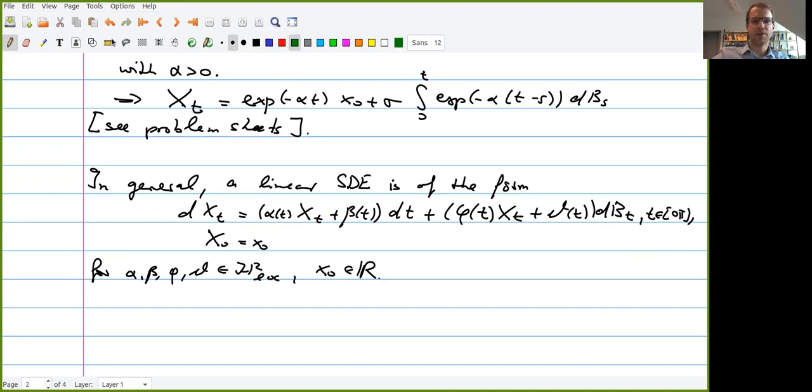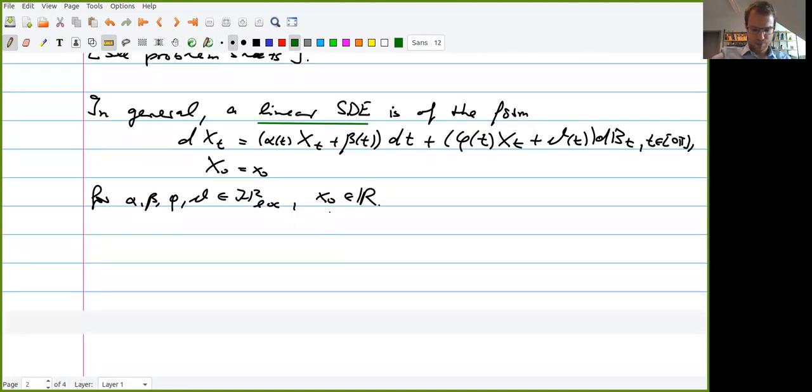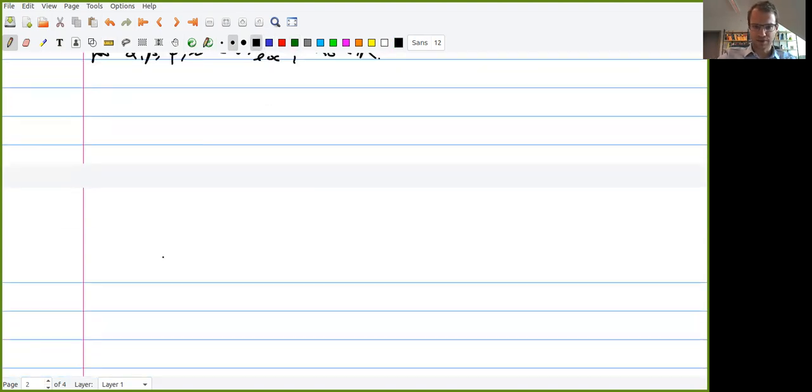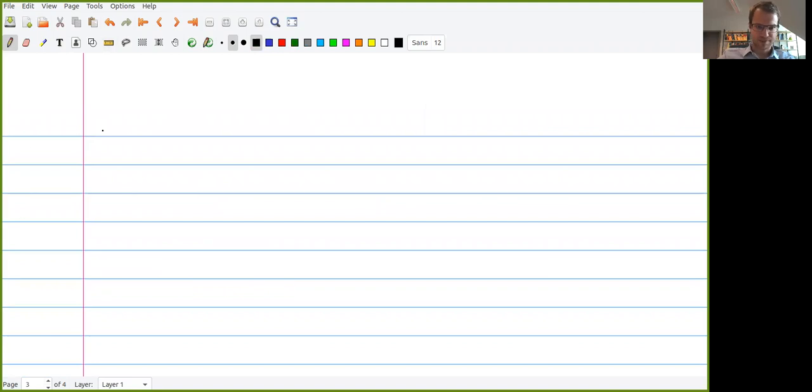The good thing about these linear ones, strictly speaking, a linear SDE means the coefficients are only affine, because these are not linear functions; they are affine functions, is that you can always solve this equation explicitly. This is the content of the next proposition. So let me start a new page here. This is Proposition 5.2.